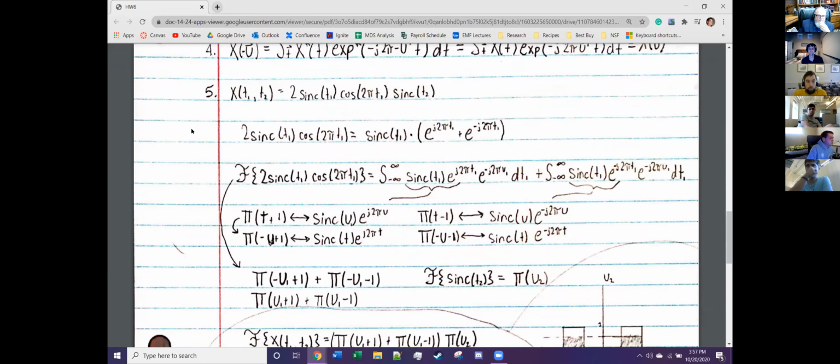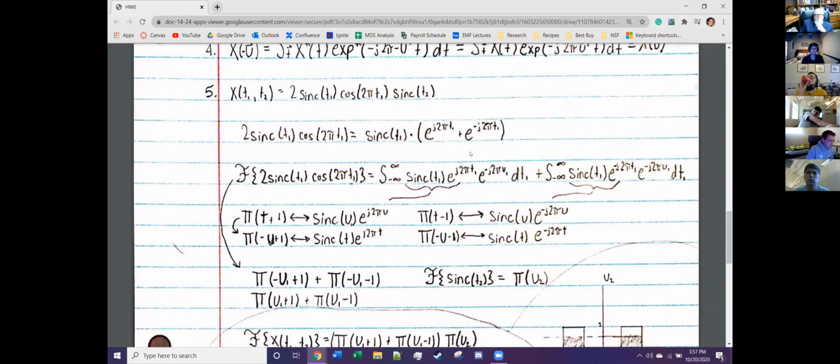So I started by separating the functions, and I wanted to deal with the functions of t1 first. I used Euler's formula to redefine cosine as such. Then I decided it's time to Fourier transform this.